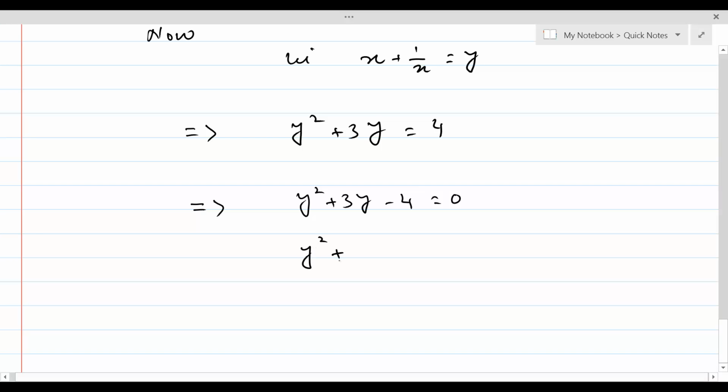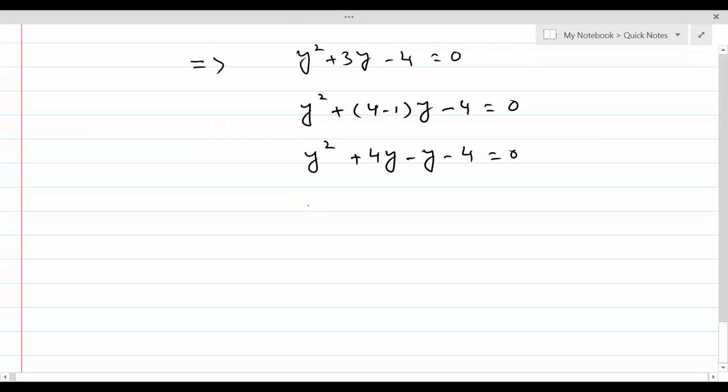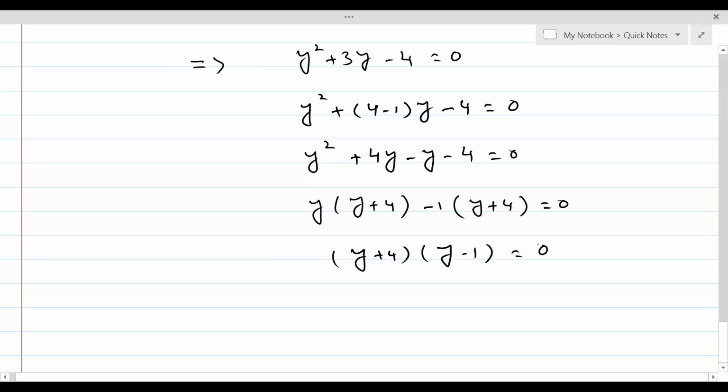So we have y squared plus 4y minus y minus 4 equal to 0. And if we take y common, that will give us y plus 4, minus 1 common, y plus 4 equal to 0. And we take y plus 4 common, leaving inside y minus 1 equal to 0.